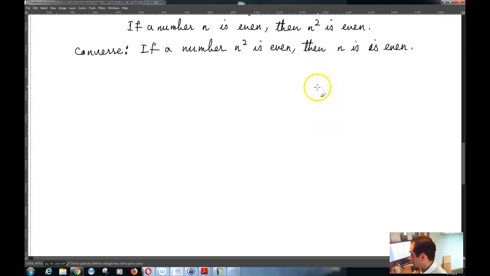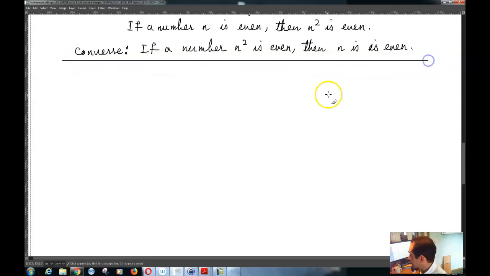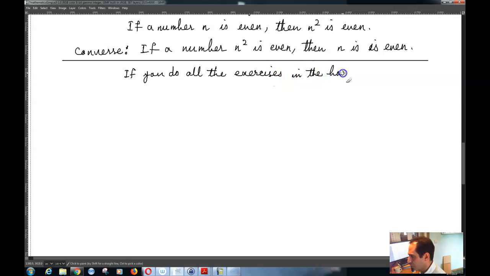Or as another example, let's say that you have: if you do all the exercises in the book, you get an A grade in the class.